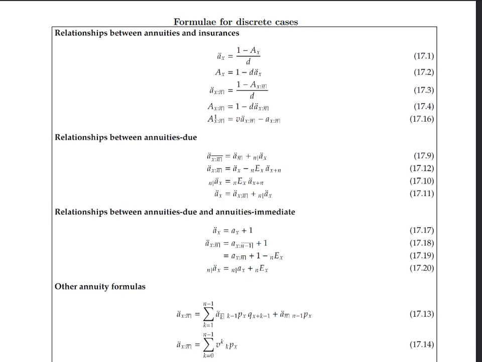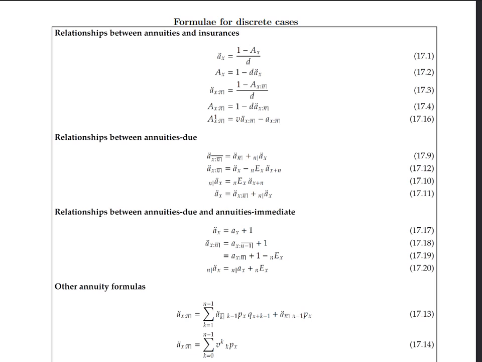So our next topic is about 1 over m monthly annuities. That means a unit 1 over m annuity makes a payment of 1 over m at the beginning for due, or end for immediate, of each 1 over m years.